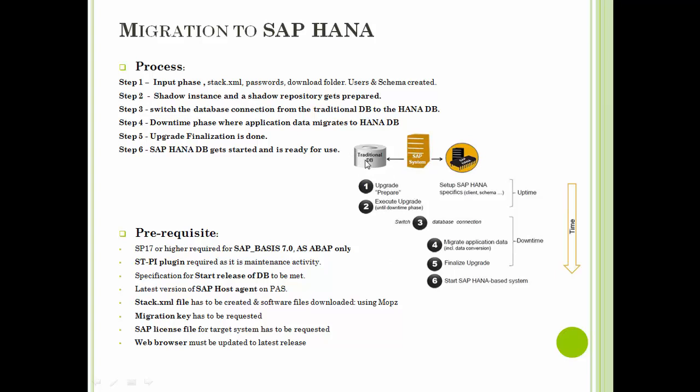SAP system, which was running on traditional database, starts to move to SAP HANA database as the primary database. So step one, which is regarded as the upgrade prepare step, is an input phase where we provide the stack.xml, passwords, download folder, and using this it prepares the users and schema required.